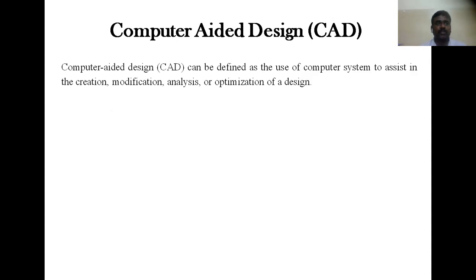Optimization means, for example, minimizing the material requirements without neglecting the strength, so less material can be used. In that way we can optimize. So computer aided design can be defined as the use of a computer system to assist in the creation, modification, analysis, or optimization of a design.